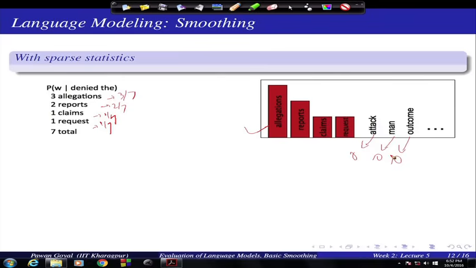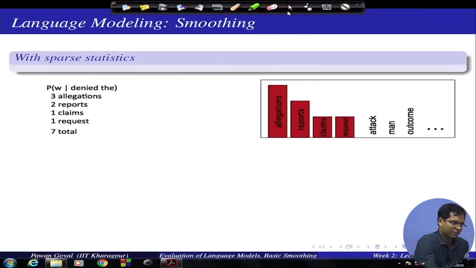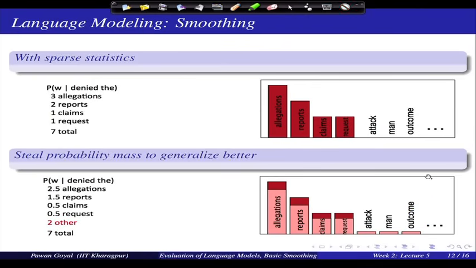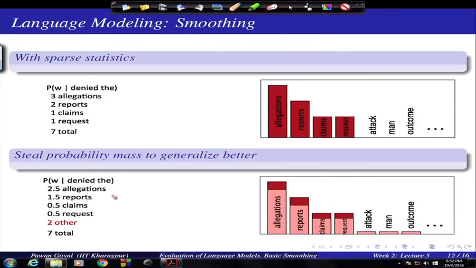Can I steal some probability mass from these 4 words to assign some probability mass to the other words? Suppose here I have taken a probability mass of 0.5 each from the 4 words.